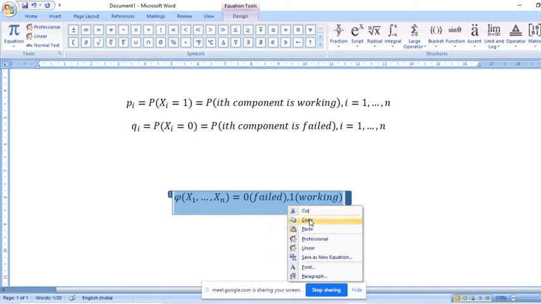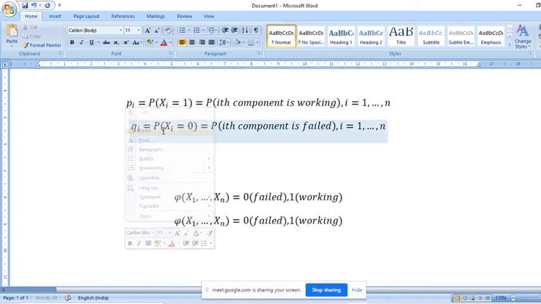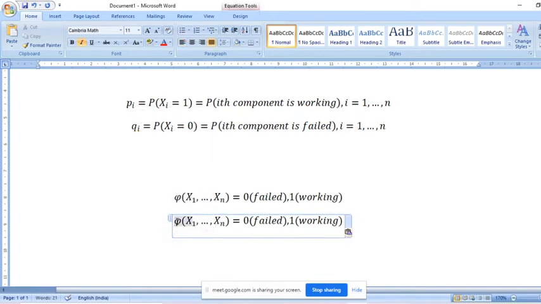What are the probabilities? We can denote it as h.